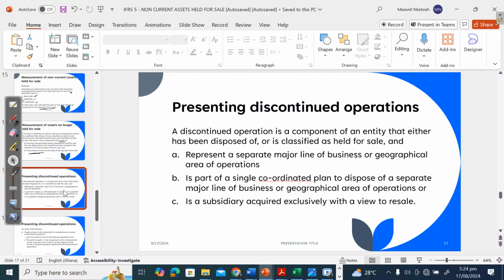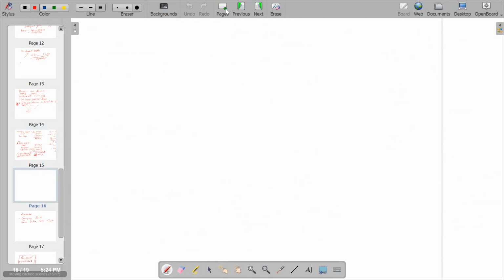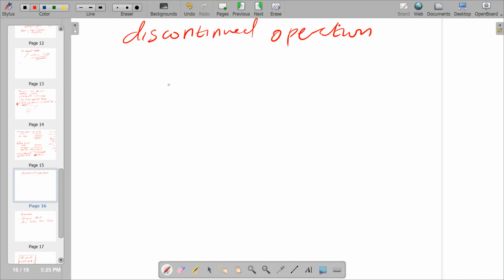Okay, let's look at discontinued operations. So first of all, we need to understand what is a discontinued operation. A company may have several branches or several product lines.